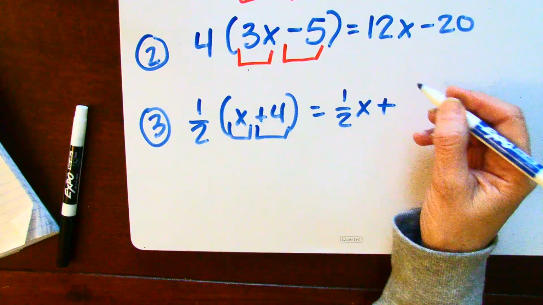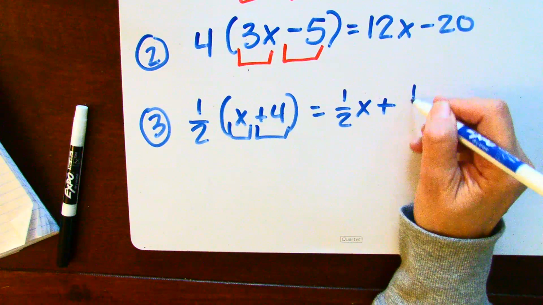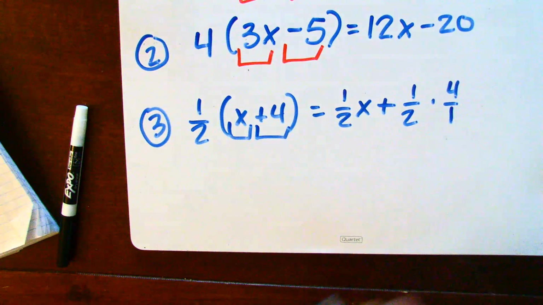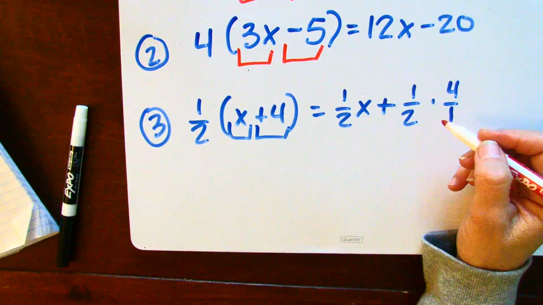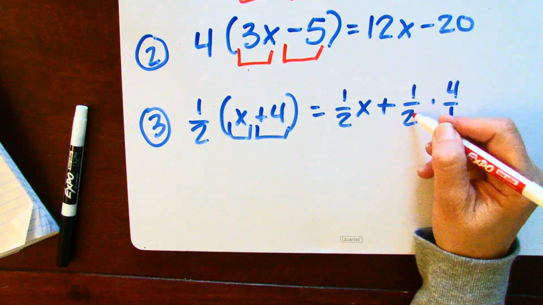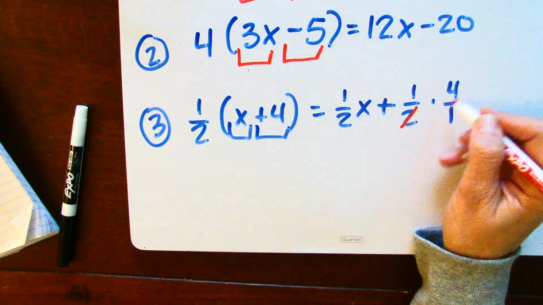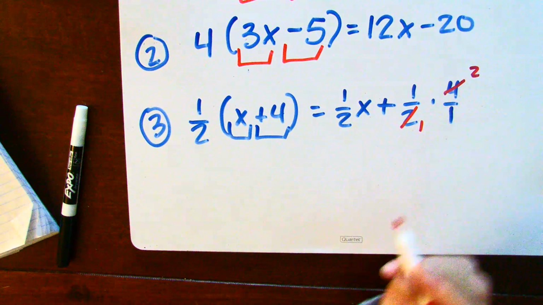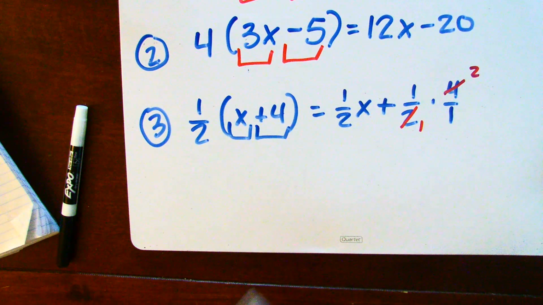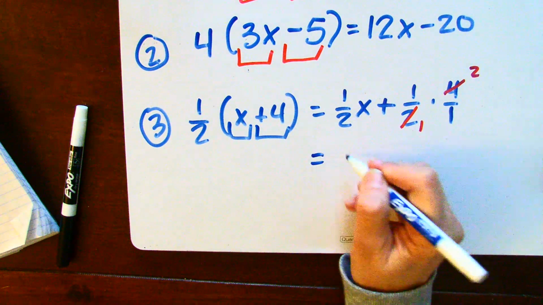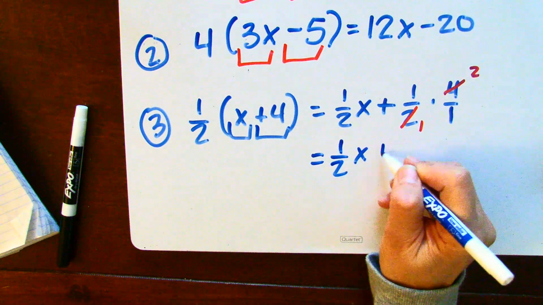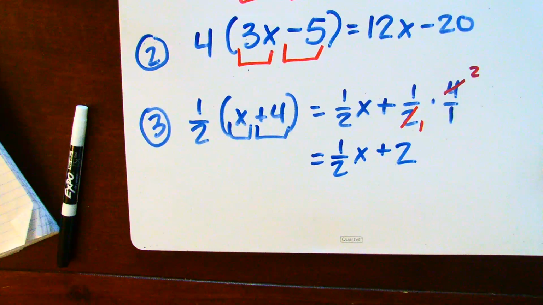So I'm going to write plus 1/2 times 4 over 1. Remember, with fractions and multiplying, we can reduce if we can, and then we'll multiply across. So 2 goes into 4 2 times. That's going to give me 2 over 1, or 2. And so when I simplify it, it becomes 1/2 x plus 2.